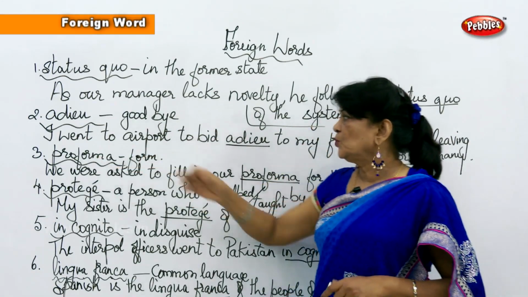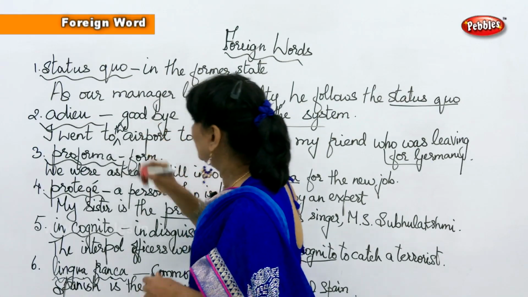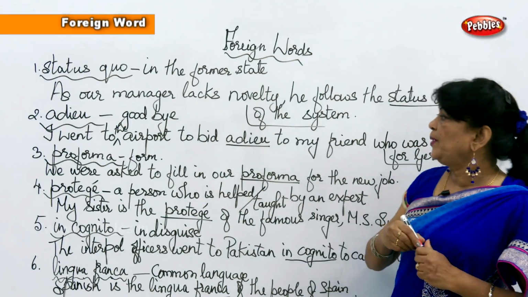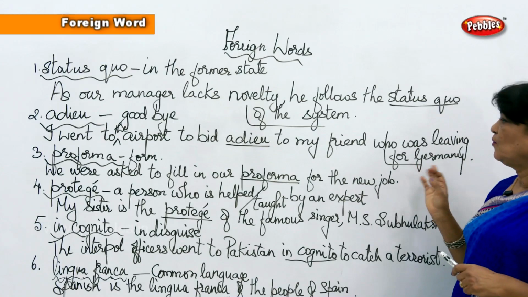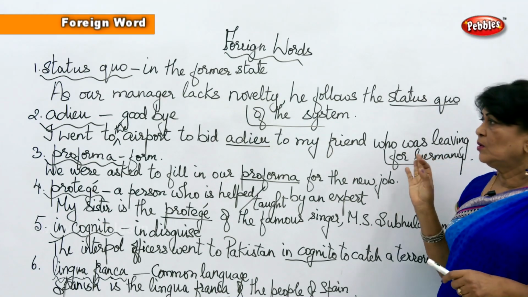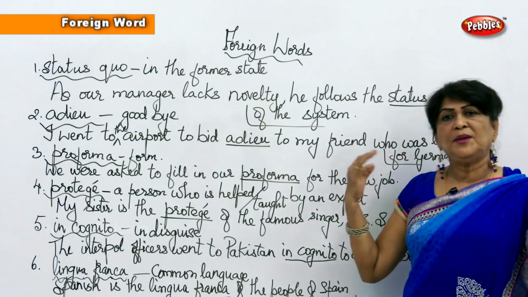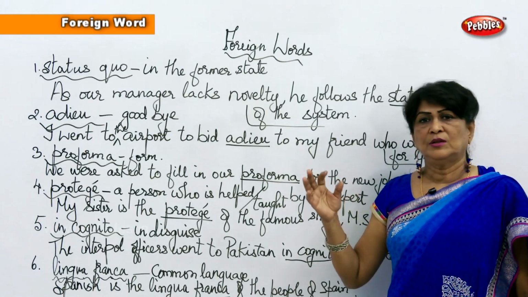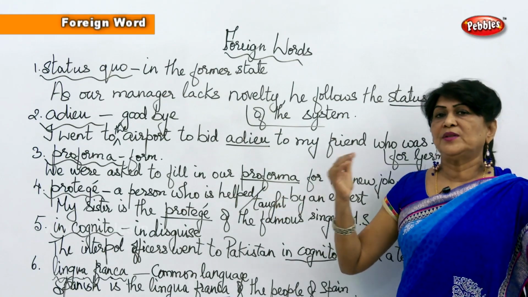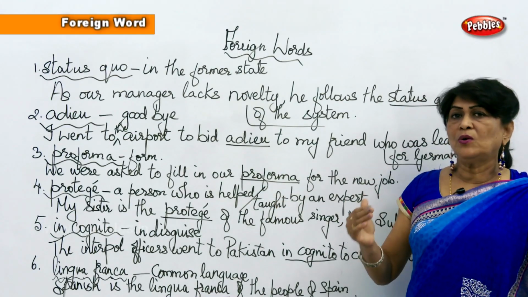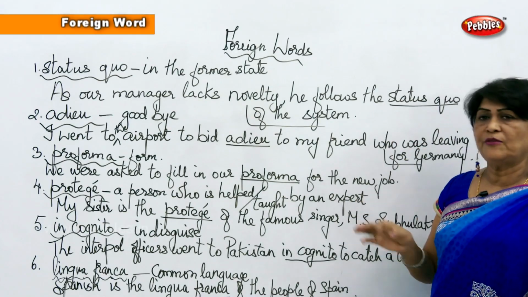I went to the airport to bid adieu to my friend who was leaving for Germany. So, she has gone to Germany, maybe she may not return for a long time, so he went to bid adieu. But if it is for a shorter time, it is au revoir.